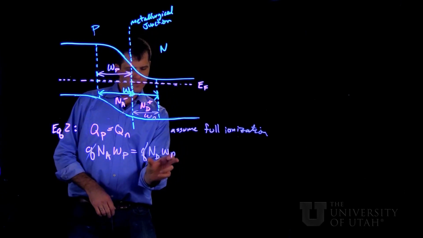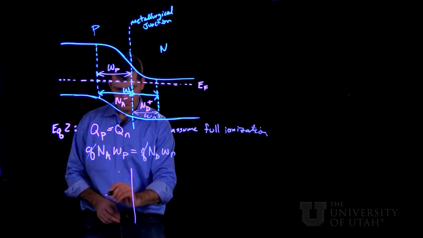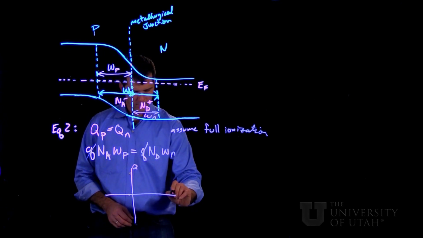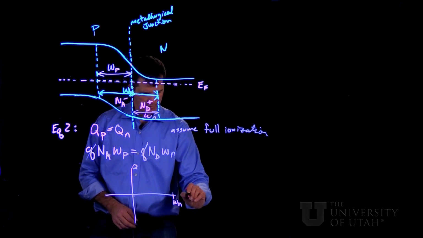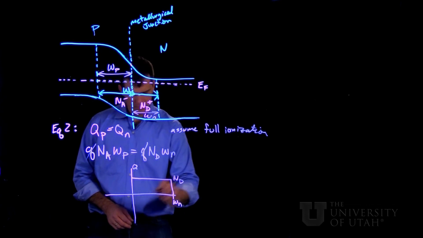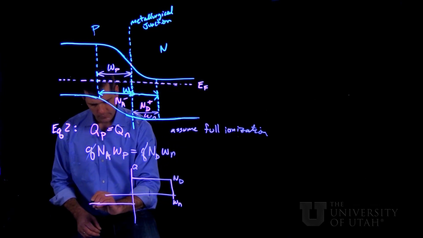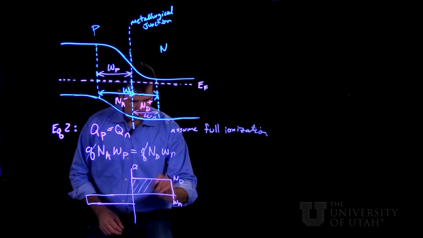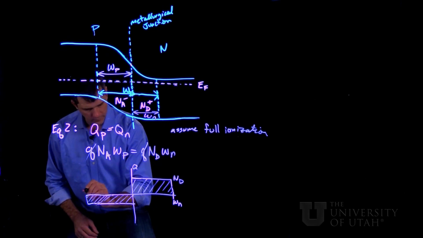And this here would represent an area on a graph of charge density Q as a function of x. So I put Wn there. Here's my ND, and let's imagine that our number of acceptors is lower. It would mean that the depletion width would have to extend further in the negative direction in order to make sure that the area of these two boxes was the same.